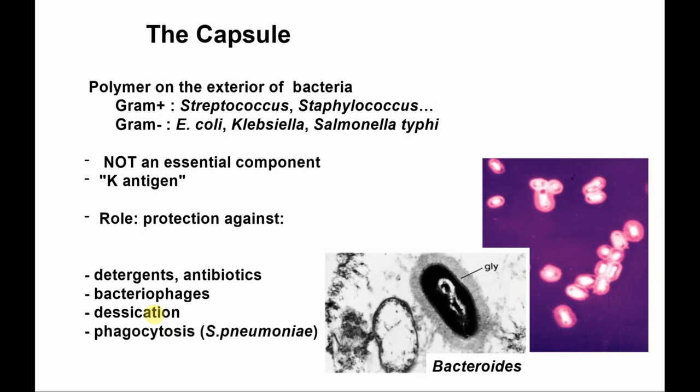And last but not least, these capsule antigens are important virulence factors in several pathogenic bacteria, because they can protect the bacterium from being phagocytosed by neutrophils and macrophages, cells of your immune system. So often the most pathogenic strains of bacteria have a capsule because it allows them to resist the immune system.